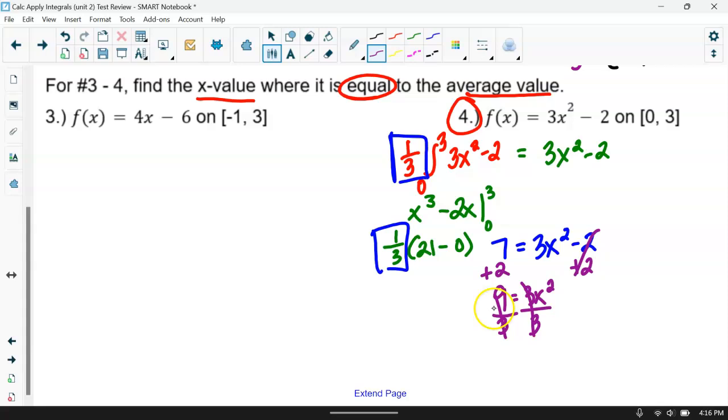You end up with 3 is equal to x squared. So here, that's why we end up with x is positive or negative radical 3. So again, get the average value overall, right? The average value was 7. Then set that equal to your function here and solve for x.